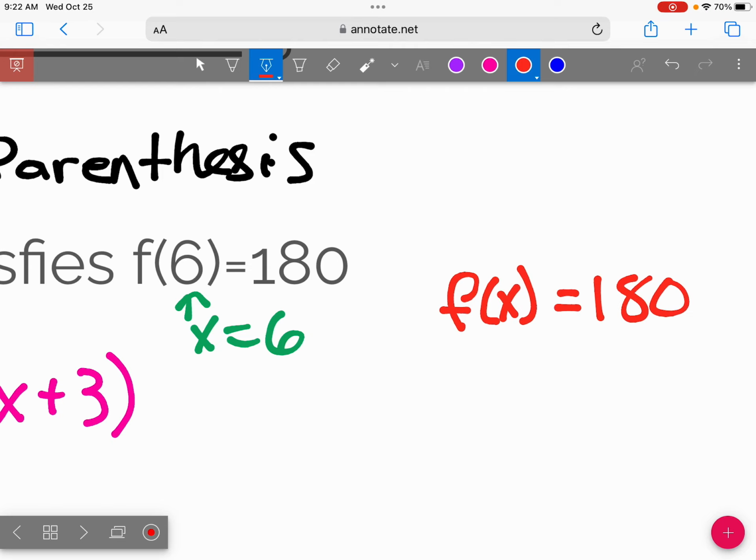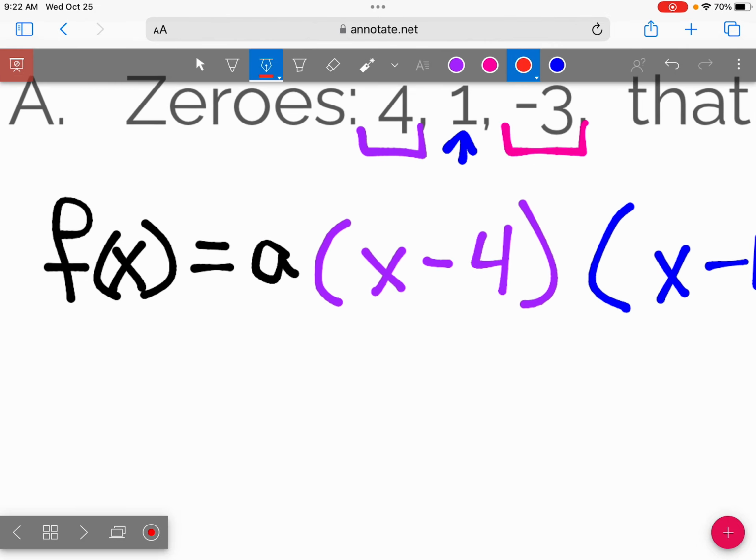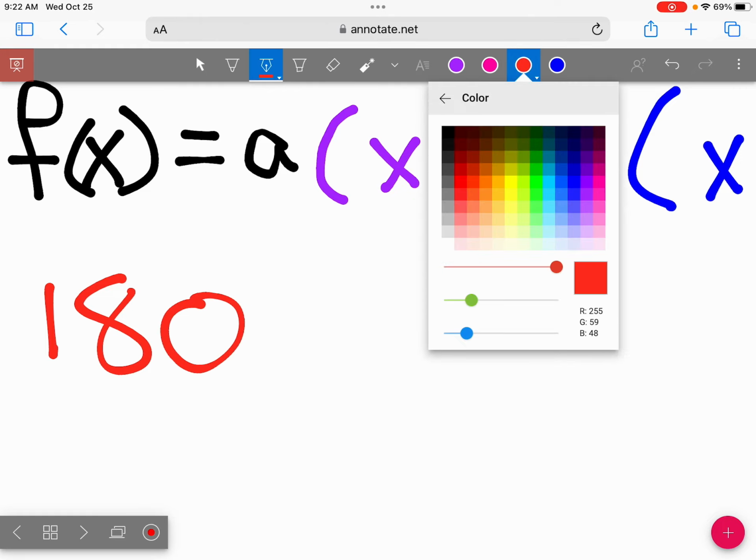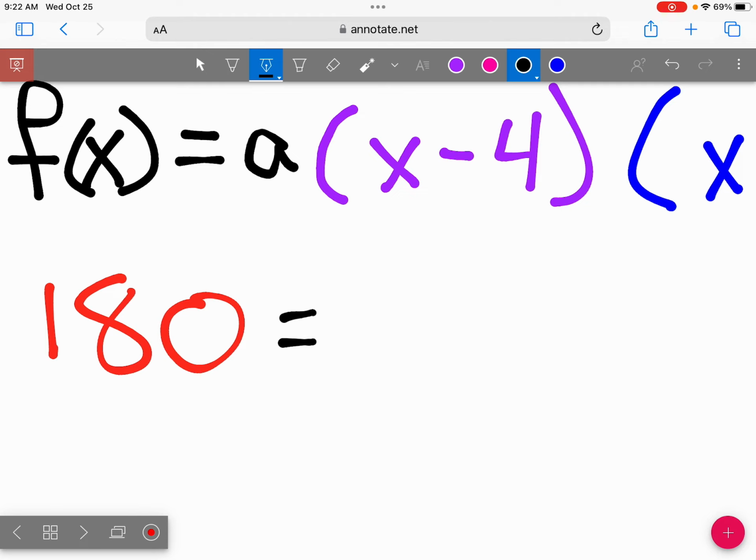So we're going to substitute those two values in. That's going to leave us with just A left over. So substituting that in, we're going to have 180 equals A times.